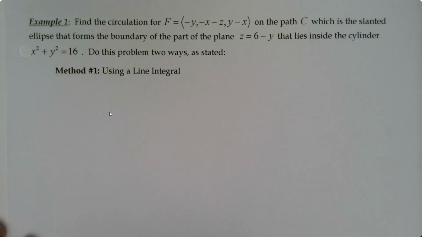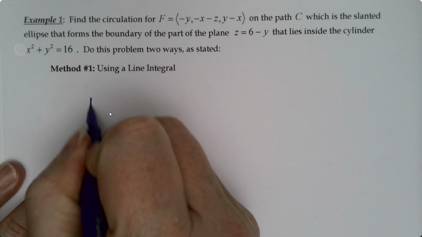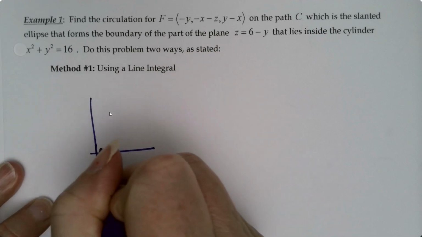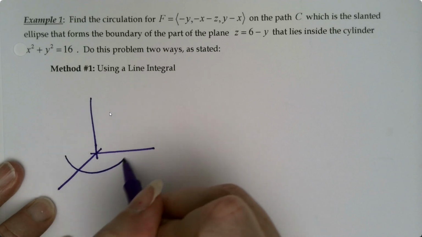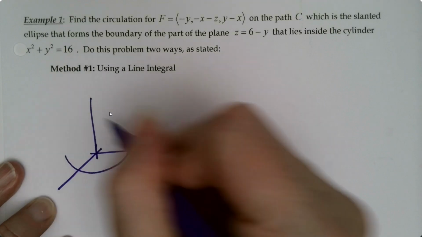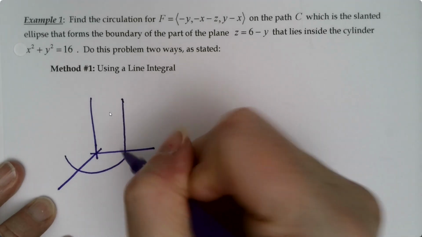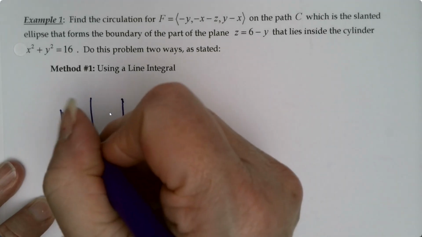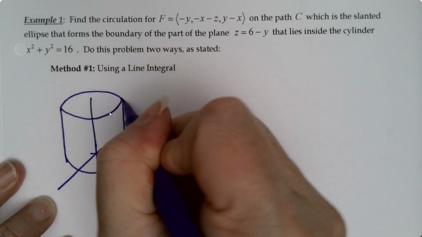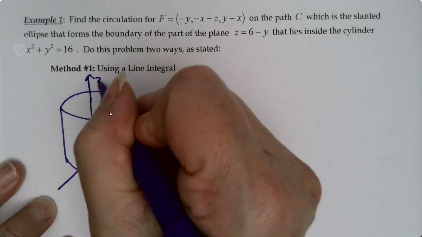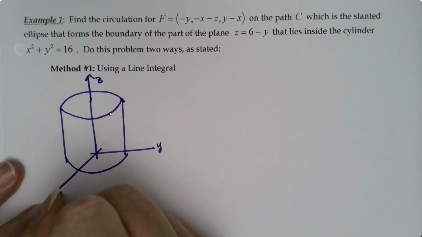So now we have to draw that. So I'm going to start by drawing a cylinder as best I can. So I'm just going to draw it above the xy plane. So it's right here. So we've got the cylinder, I've got the z-axis sticking up right here, I've got the y, and I've got the x.